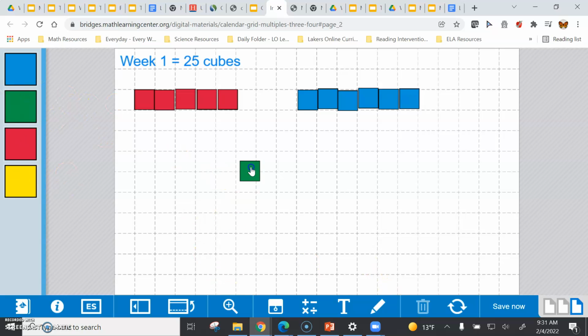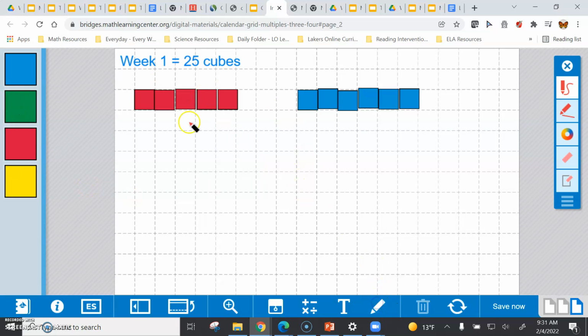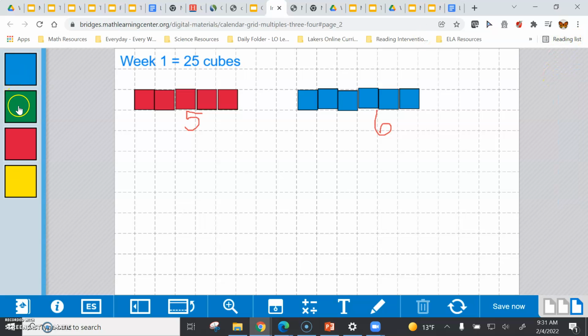And then, well, let's do this. Let's see. What is 5 plus 6? And as you think about that, I am going to add something else. I told you we're adding 3 numbers.